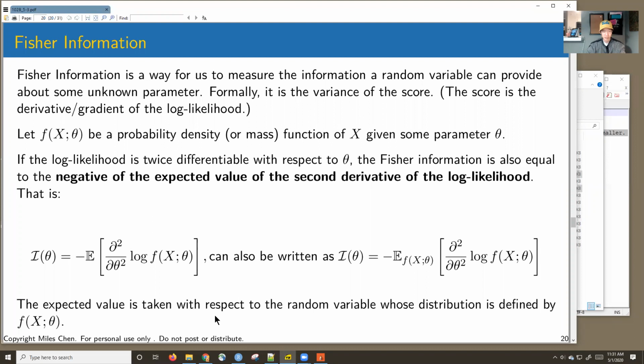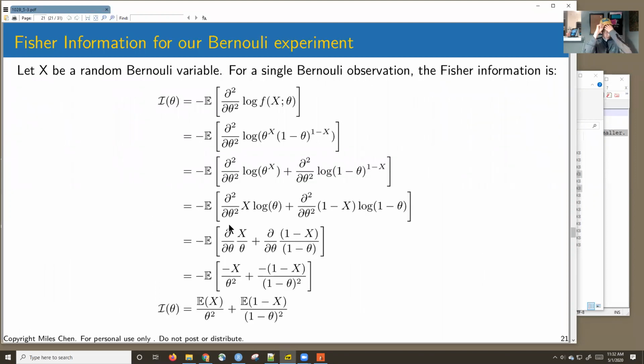Okay, so this is what we have here. What we are going to do is find the Fisher information for the Bernoulli experiment. So again, we're still in our univariate case. Let's just do it for one observation.